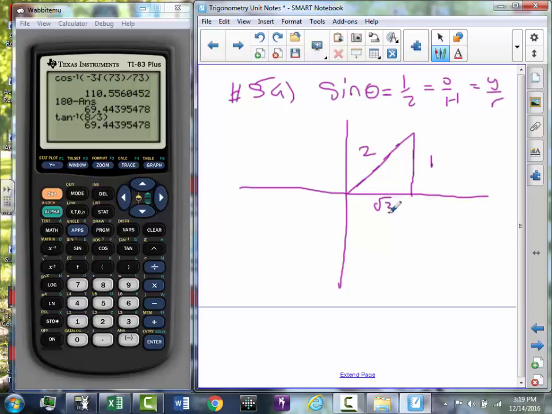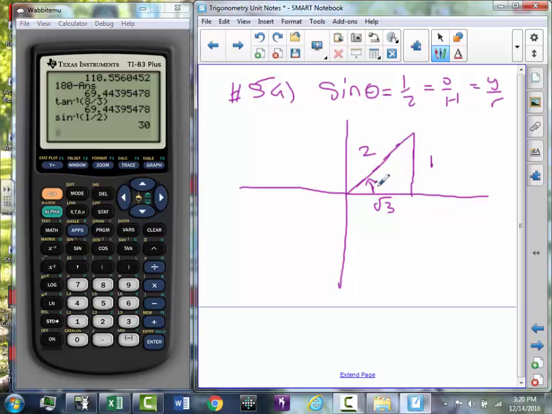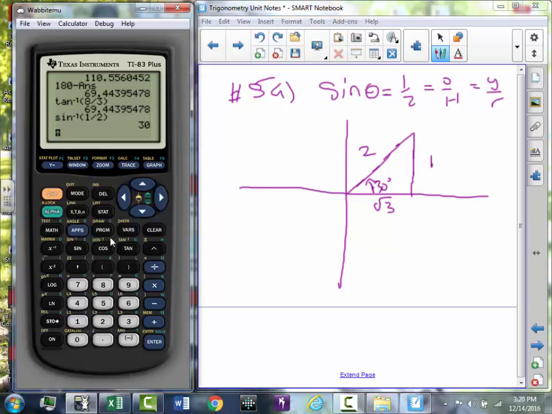So this side is root 3. What would this angle be? Just do what we always have been doing: inverse sine of 1 over 2 gives you an angle of 30 degrees. Or if I inverse cosine root 3 adjacent over 2 hypotenuse, that should also work.